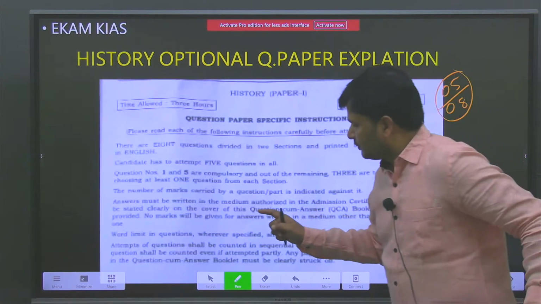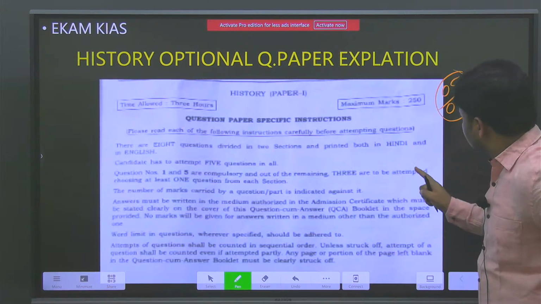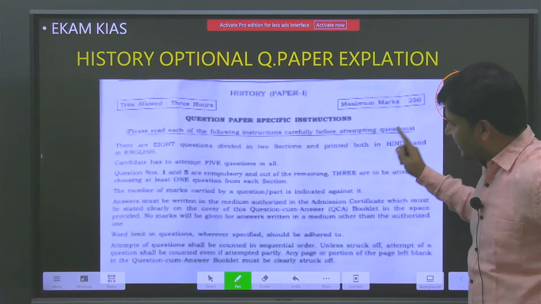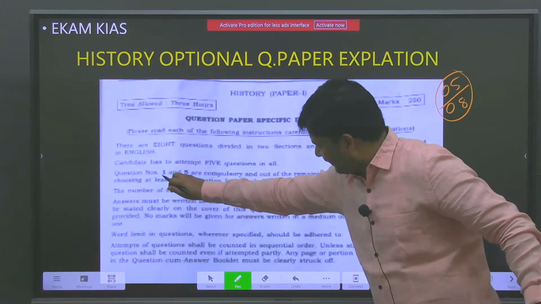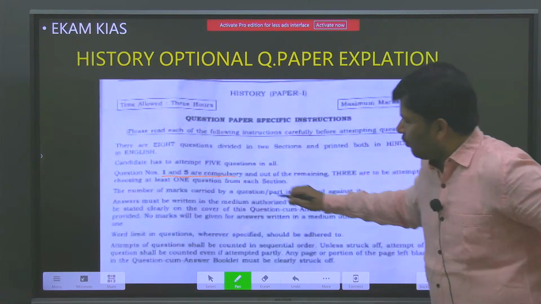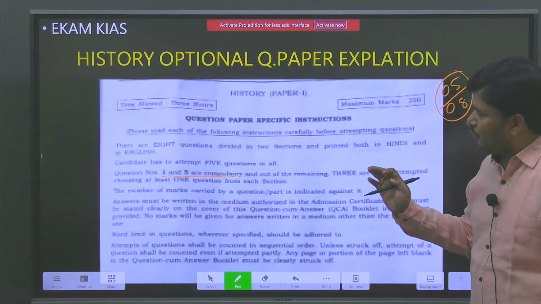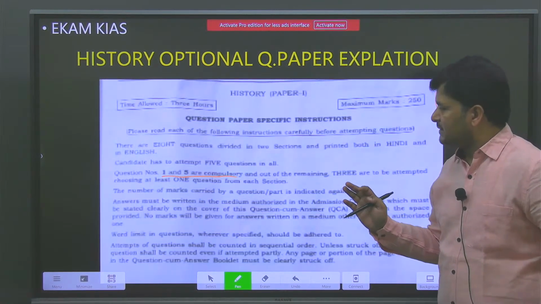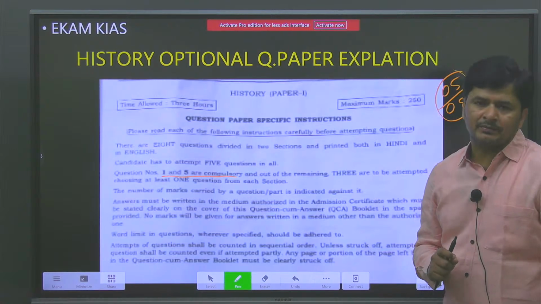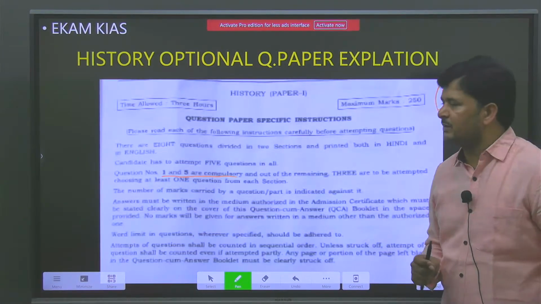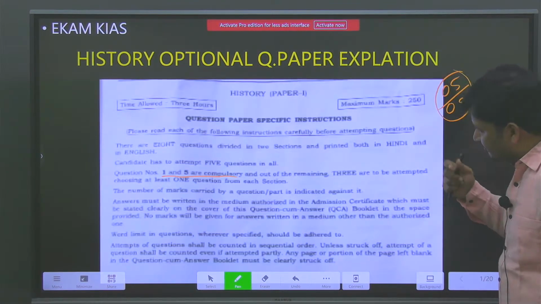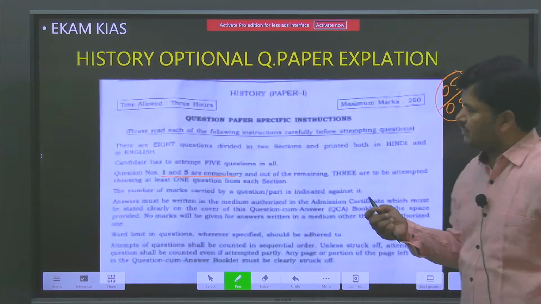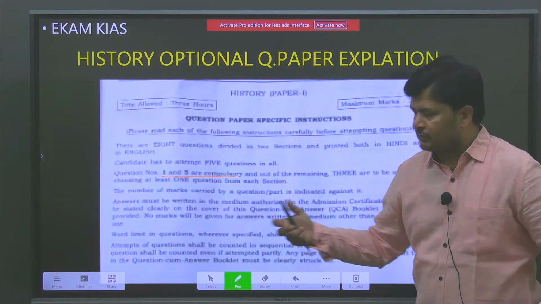Another instruction we found is that question numbers 1 and 5 are compulsory to be written. What is the significance of question number 1 and question number 5? We are going to learn.